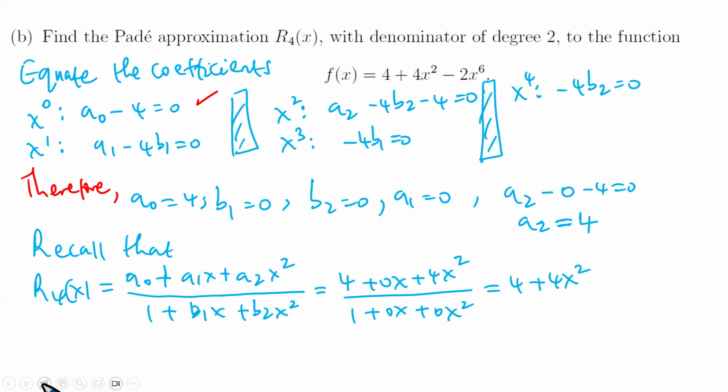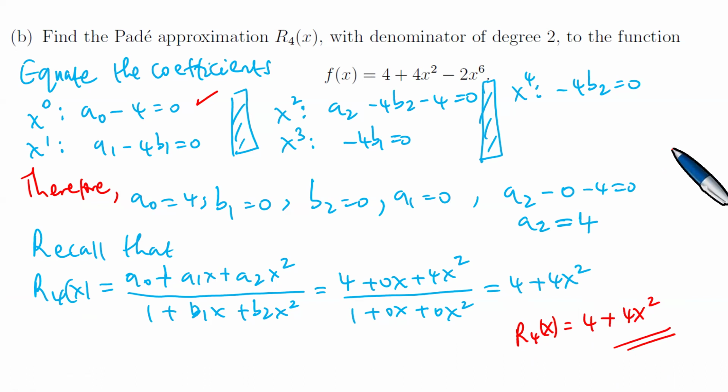Therefore, this is the answer. We can then say our R4 of X is actually the same as 4 plus 4x squared. And this becomes the answer we want.